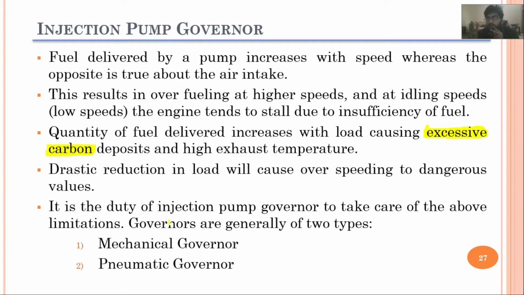And when the load is reduced suddenly, it can lead to overspeeding of the engine and may result in catastrophic failure as well. So the governor has to overcome these problems and conditions. We have two types of governor which are most commonly used. The first one is the mechanical governor, and the second one is the pneumatic governor.